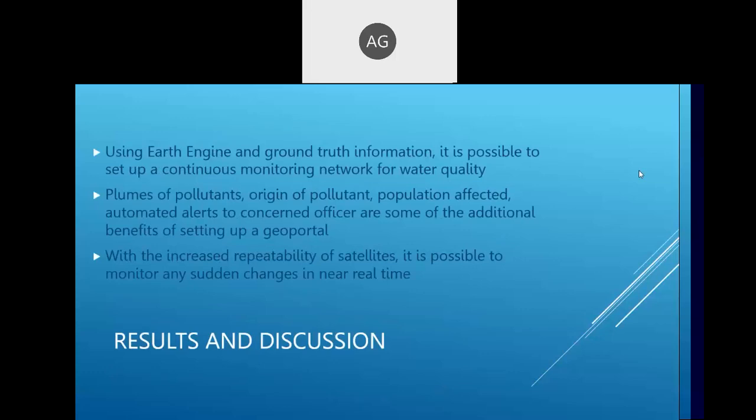And the experimentation is still going on at more sites to get a perfect idea. But using Google Earth Engine and ground truth information, it is possible to set up a continuous monitoring network for water quality. Now we can go to the demo, then I'll come back to the results and discussion.